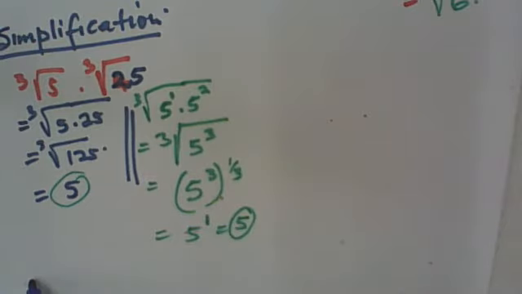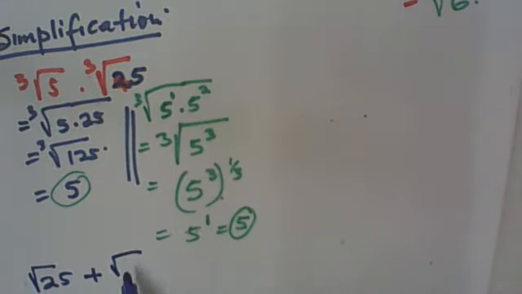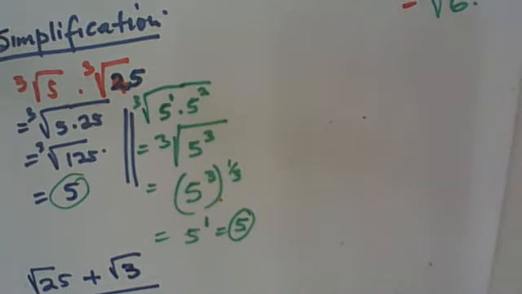Say for an example, you have 25 plus the square root of 3, then over the square root of 49 plus the square root of 3.